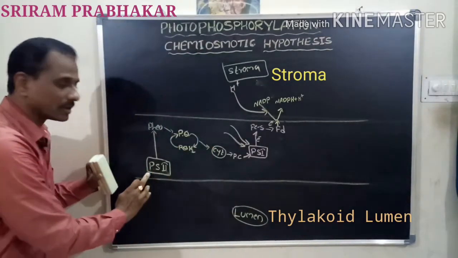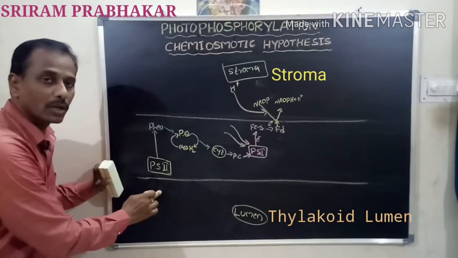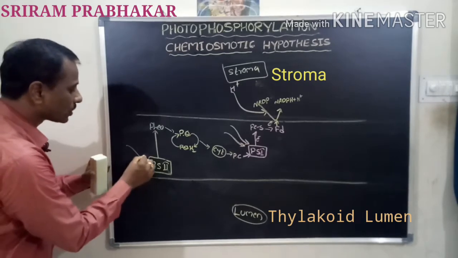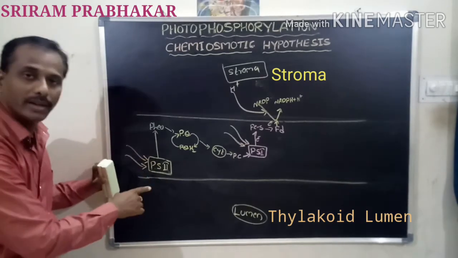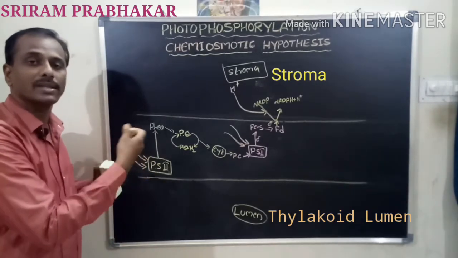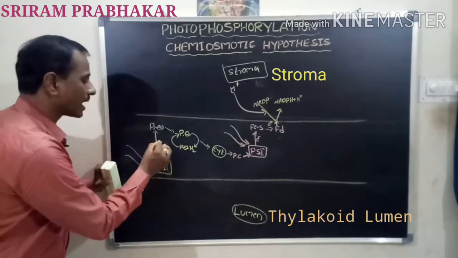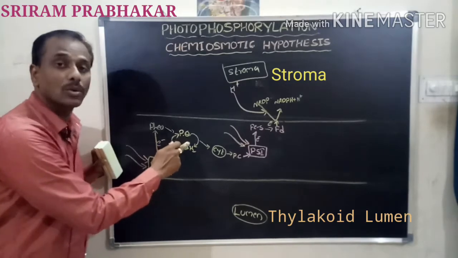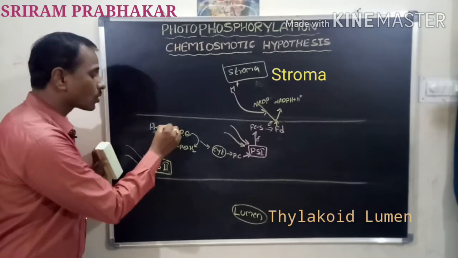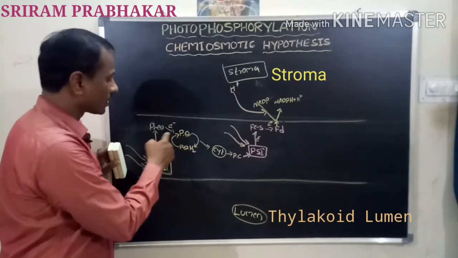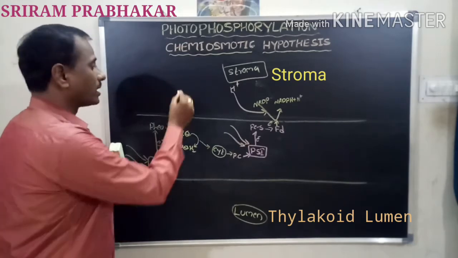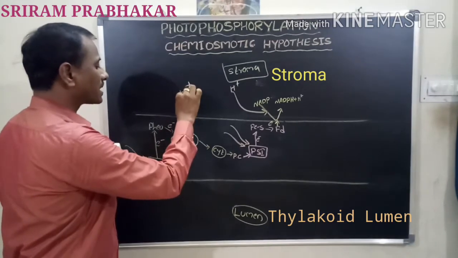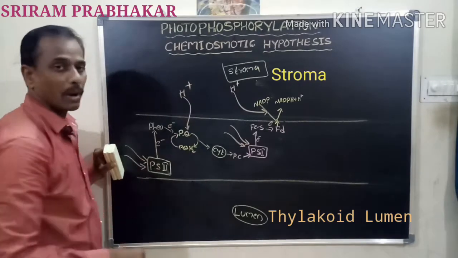Next, see here, this is PS2, which is located on the lumen side. When PS2 receives photons, that means light energy, it goes to the excited state and releases the electron. The electron goes to pheophytin, then from pheophytin to plastoquinone. The plastoquinone receives the electron from the pheophytin and H plus ions from the stroma.